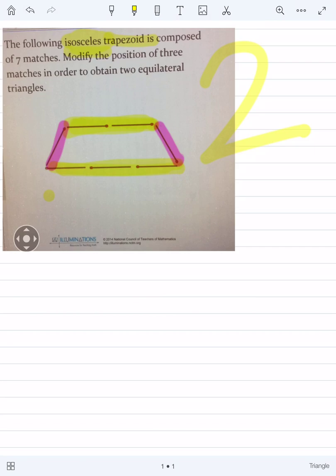Let's keep going. The following isosceles trapezoid is composed of 7 matches. 1, 2, 3, 1, 2, 3, 4, 5, 6, 7. 7 matches.